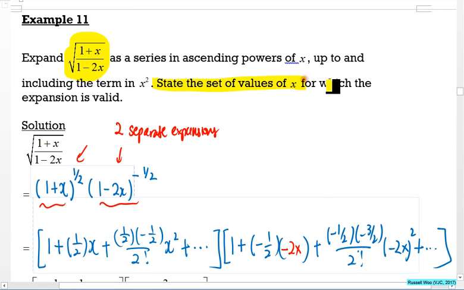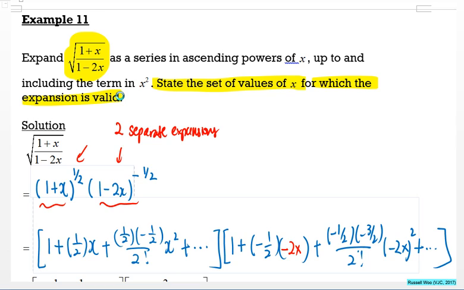State the values of x for which the expansion is valid. Look. You have two separate expansions. For this to be valid, mod x must be less than 1. For this to be valid, mod negative 2x must be less than 1. There are two conditions that you have to take note of.